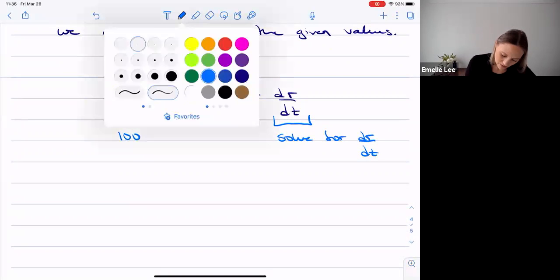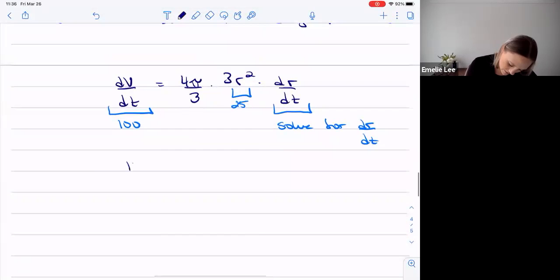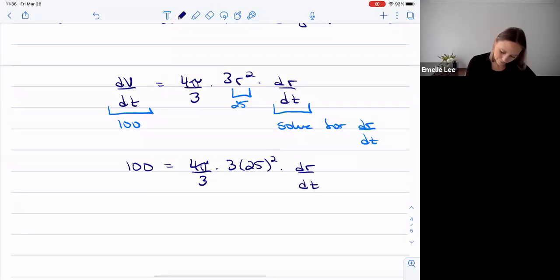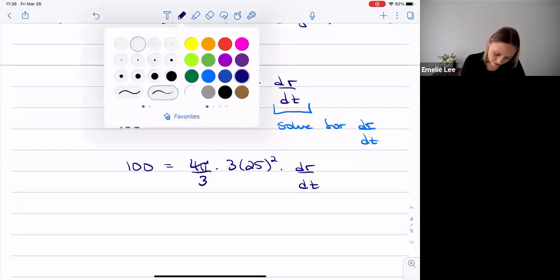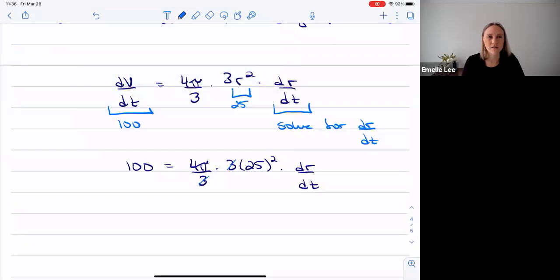Now I can make these substitutions. 100 is 4 pi over 3 times 3 times 25 squared times dr/dt. Let's make this a little easier on ourselves. 3 over 3 is going to cancel, so we get 4 pi times 25 squared. 25 squared is 625.